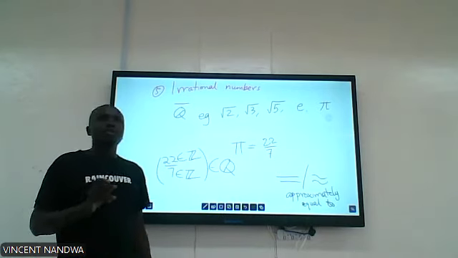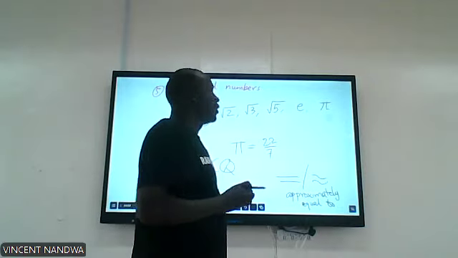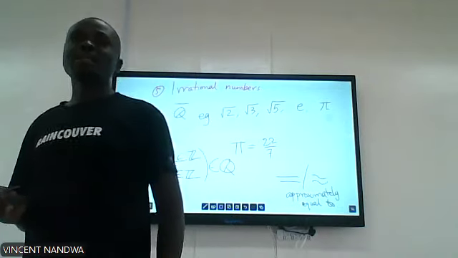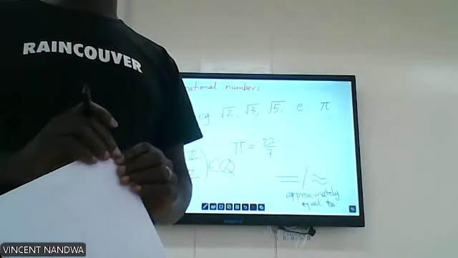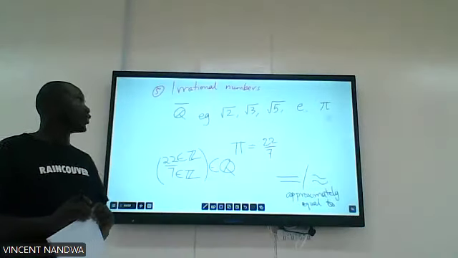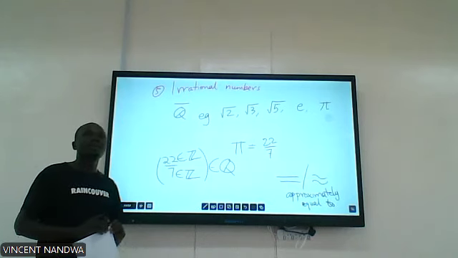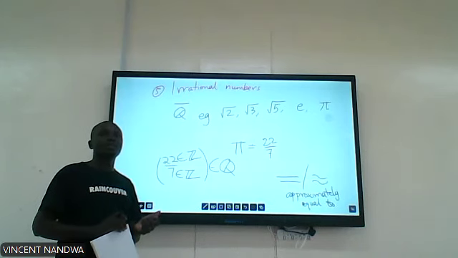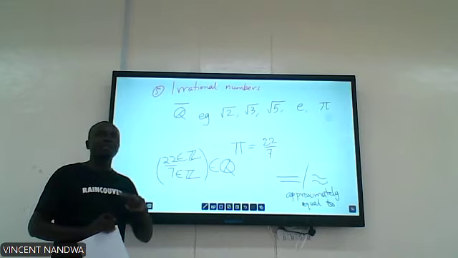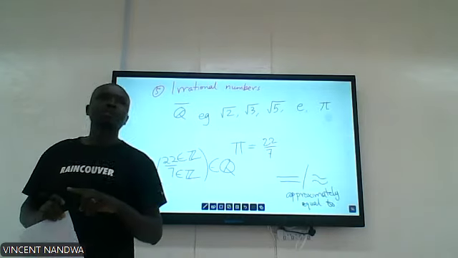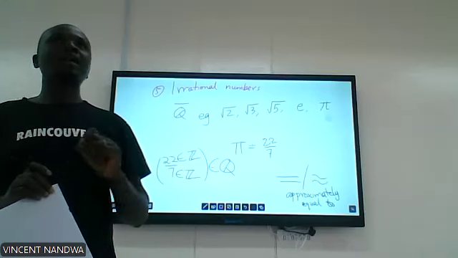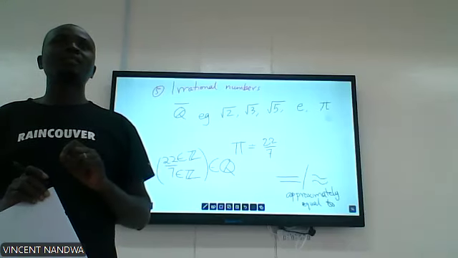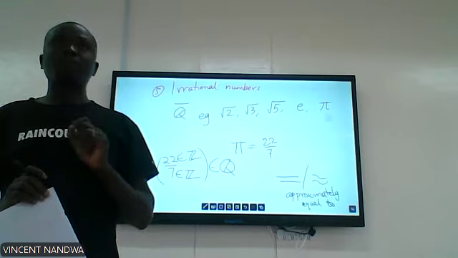So then, is it true to say that all rational numbers are irrational? True or false? False. If I converse, all irrational numbers are rational numbers? If I say all integers are irrational numbers, same, false. Okay.